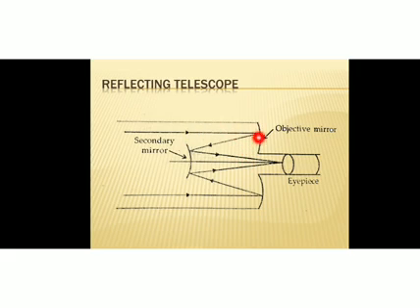See, these rays are reflected by the objective mirror, again they are reflected by the secondary mirror, and finally they are converged to a point which is outside the hole. Okay, and here at this point the final image is formed, and the final image formed is viewed through the eyepiece.